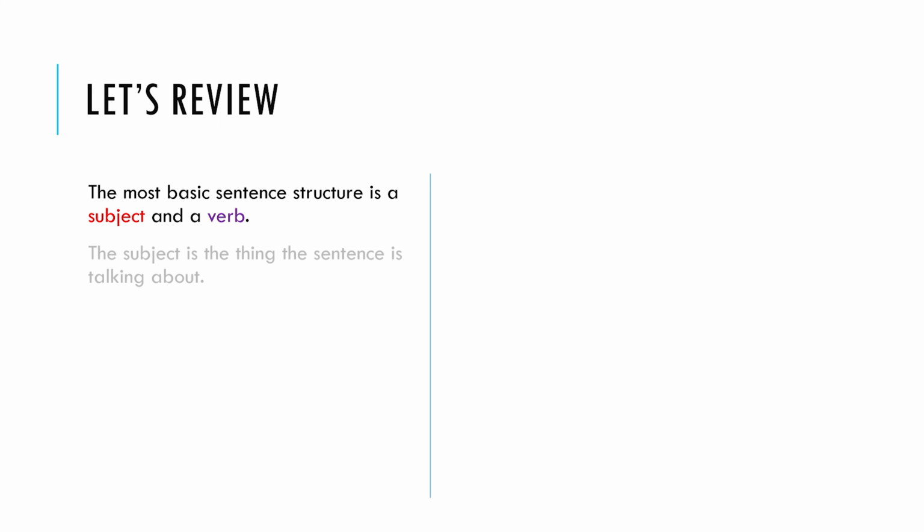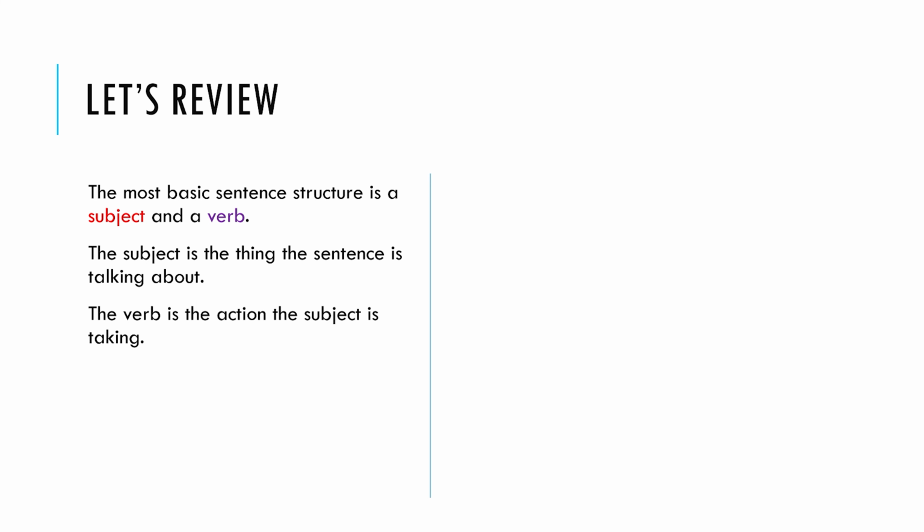We talked about that the most basic sentence structure is a subject and a verb, right? You got to have those two things. The subject is the thing the sentence is talking about, the main star of the sentence. Then you've got the verb, which is the action the subject is taking. And sometimes it's a really active action word, like running, jumping. Sometimes it's a little more nuanced, like it's just to be or something like that.